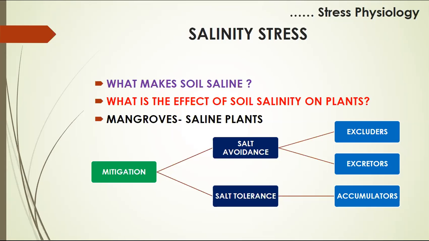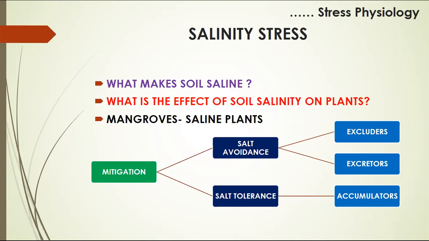Avoidance is a method wherein the mangrove plant, knowing the ill effects of high amount of salt, will reject the salt right at the absorption site of the root. If not able to do that, it will at least try to get rid of the salt by suitable means before it starts interfering with the metabolism of the plant.